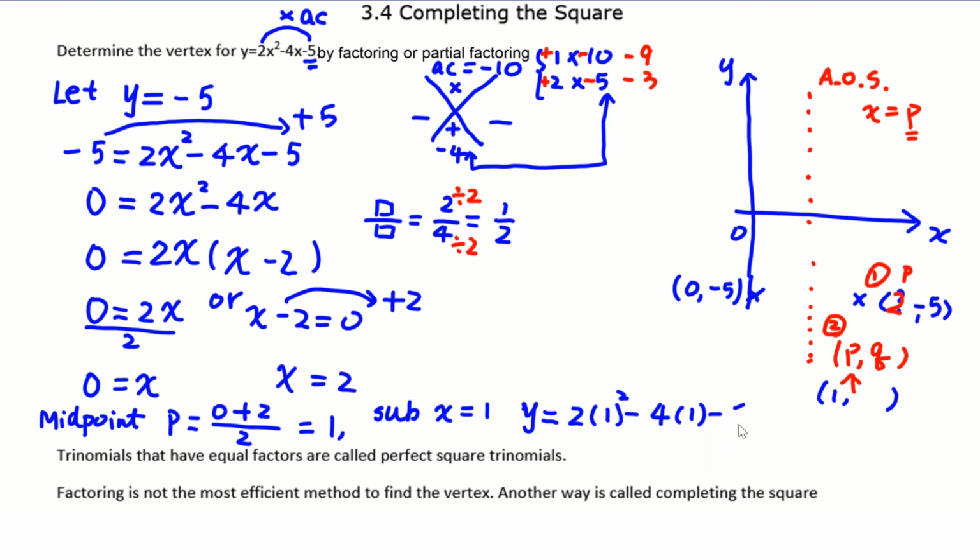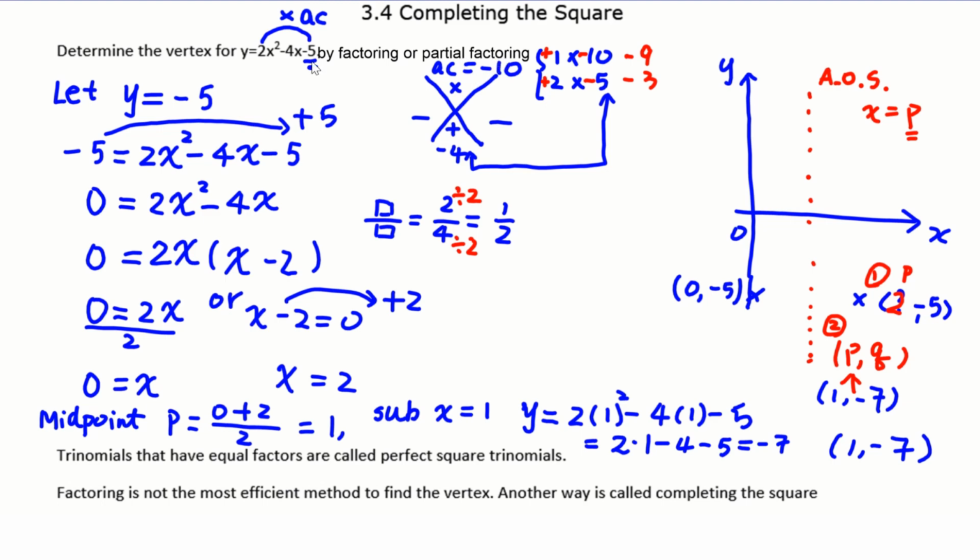So replace all the x with 1, then do the calculation. Exponent first, 1 squared is 1. So 2 times 1 minus 4 times 1 is 4, then minus 5. Then you have -7. So the vertex is (1, -7). X first, y second. Then that is done. So that is how you find the vertex by factoring a factorable or partial factoring.